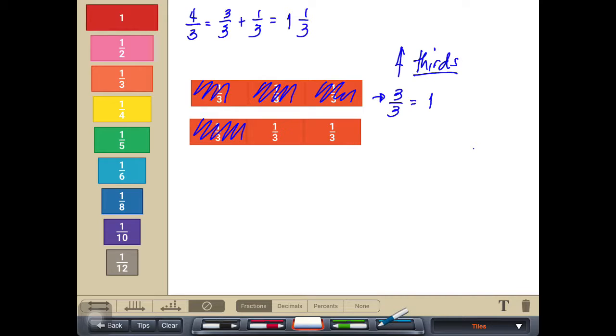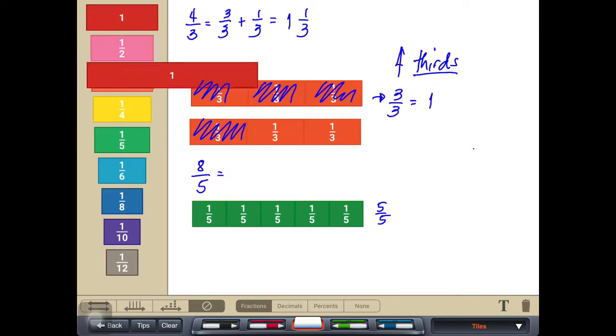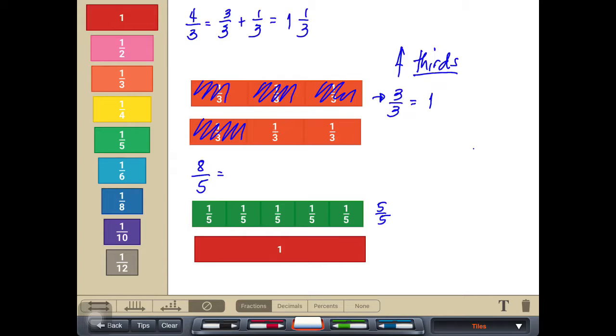Now let's try another one. What if I want to turn, say, 8/5 into a mixed number? Let's show that first. So that's 1, 2, 3, 4, 5/5. That's already 5/5. We need 3 more fifths. So 1, 2, 3, 4, 5.